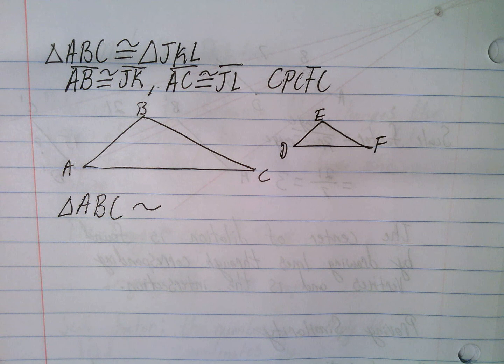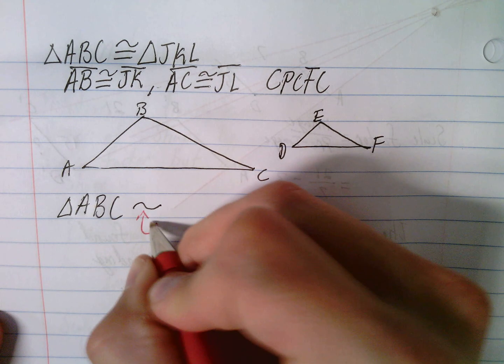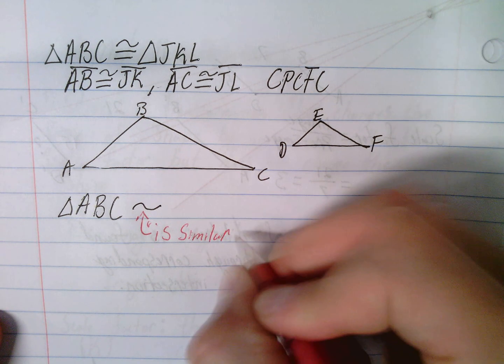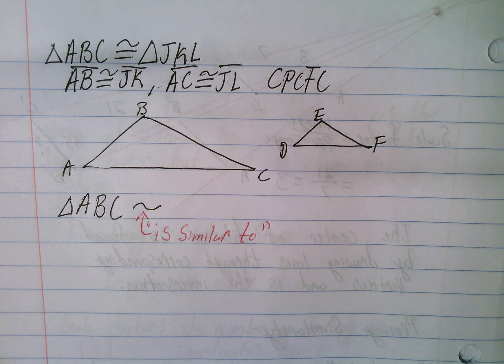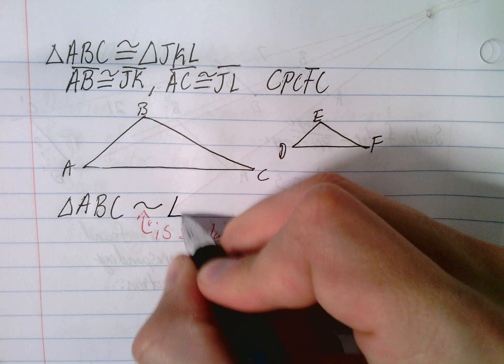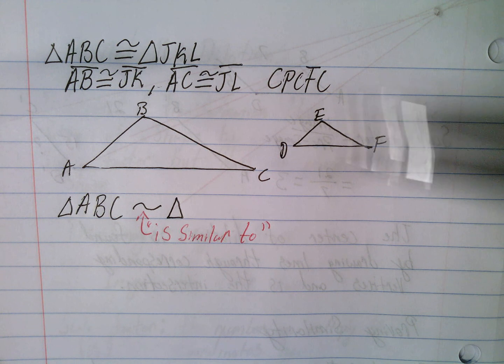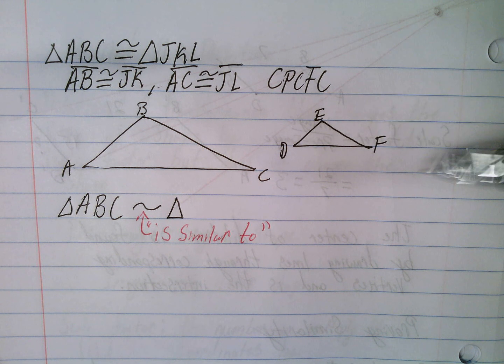It means is similar to. ABC is similar to which triangle? I would have to go in the same order. So D to E to F.